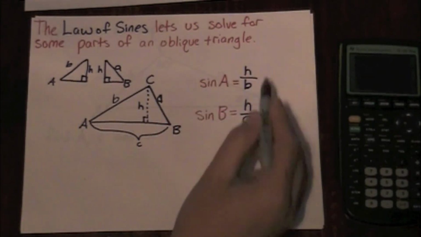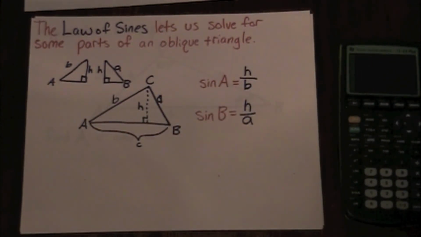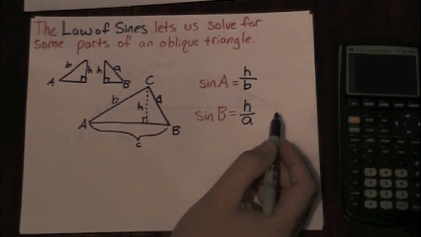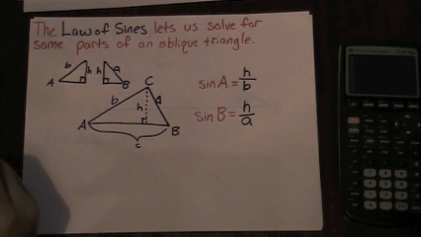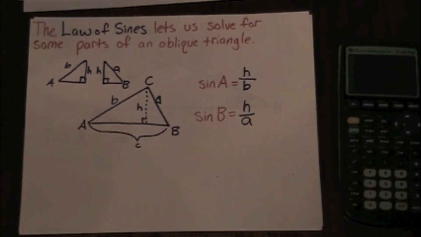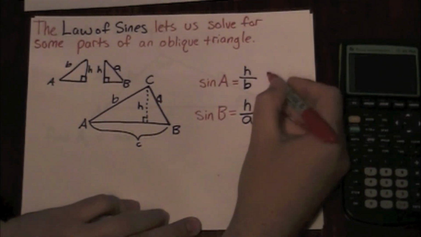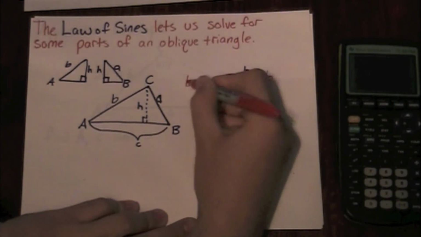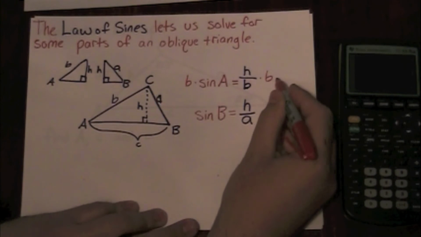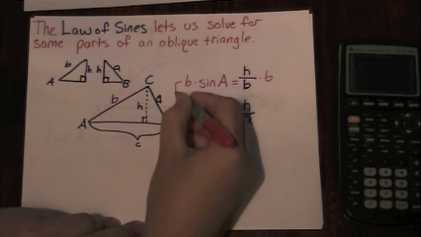Okay, let's take a look at these algebraically somewhat. And what I'd like you to notice is that both of these have the letter h in them. I could rearrange these, the top one by multiplying both sides by b, to produce something that's kind of interesting.